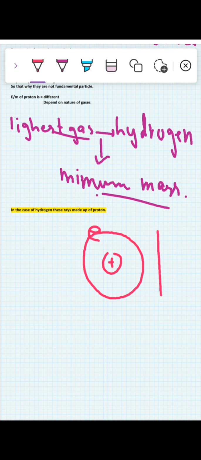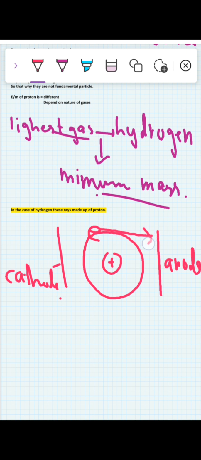Here I placed the anode, here I placed the cathode. So these electrons move towards the anode, and this positive charge moves towards the cathode. So now this is neutral. This means in the case of hydrogen, this atom is made up of only proton, because proton is only present in the middle, since the electron is going to be attracted to the anode.